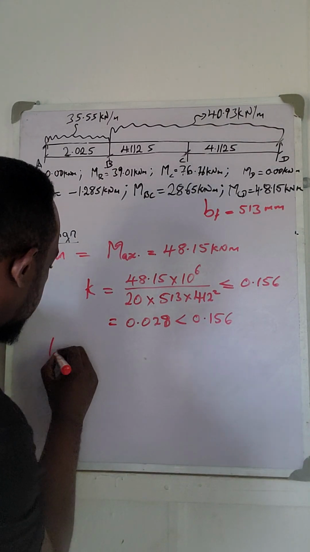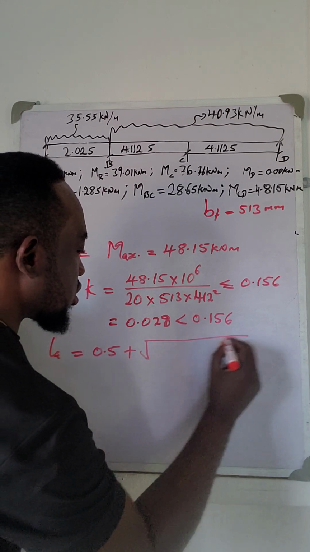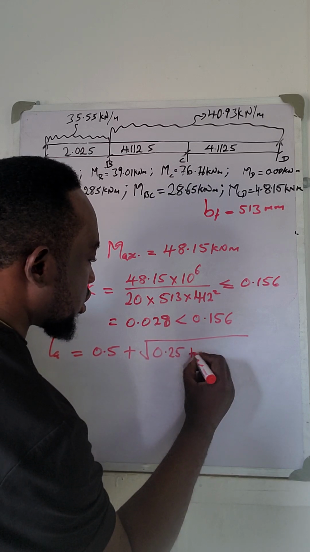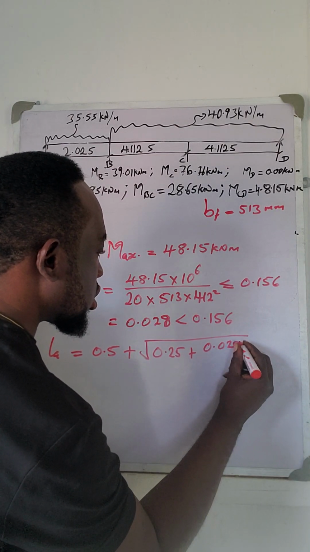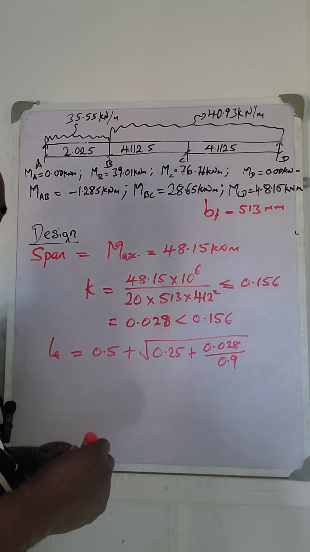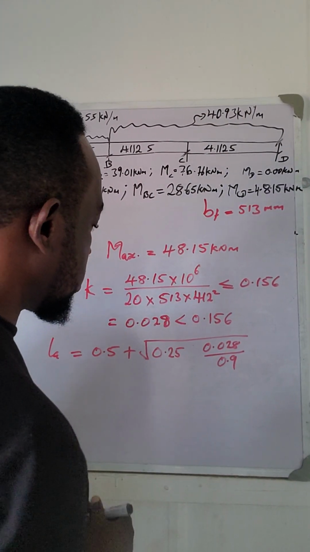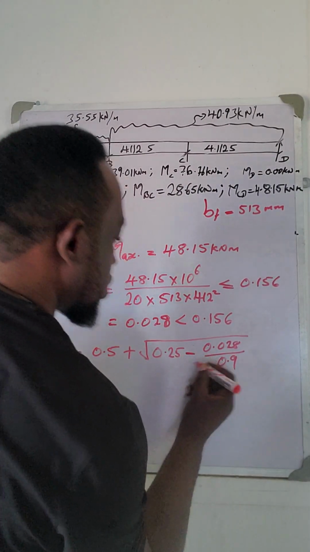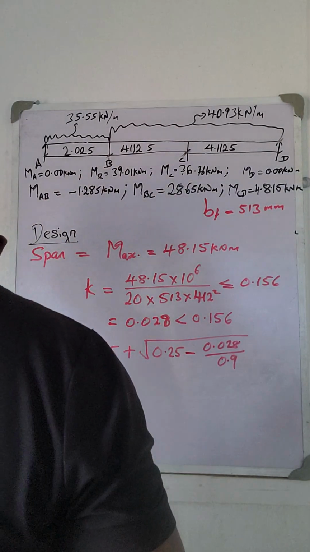Now go to la, which is equal to 0.5 plus the square root of 0.25 minus 0.028 over 0.9. Sorry, this is minus, not plus, sorry for that.